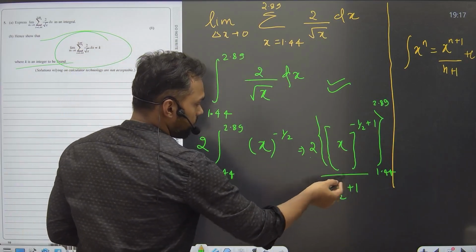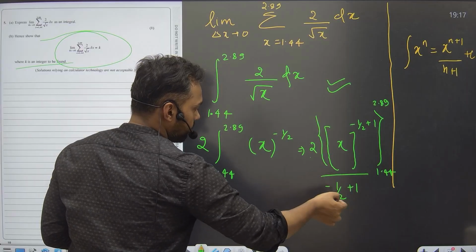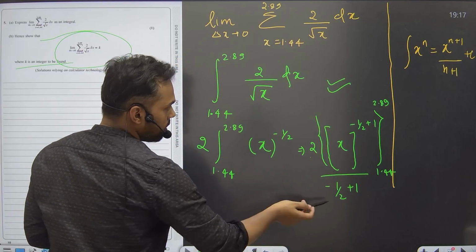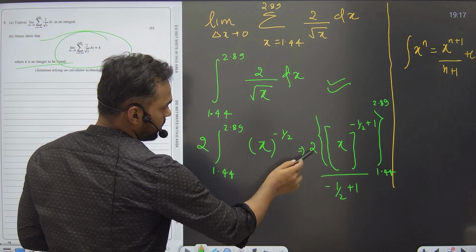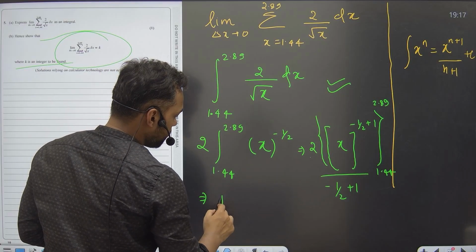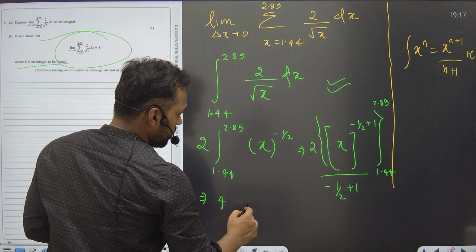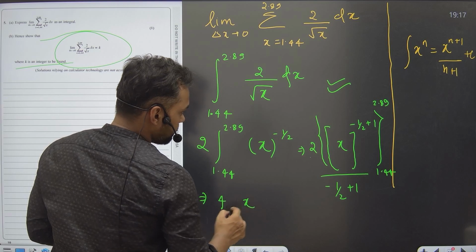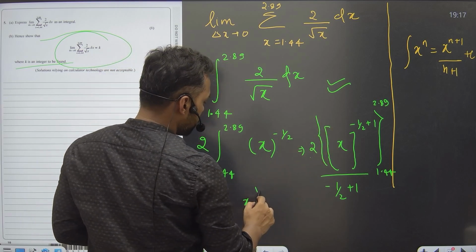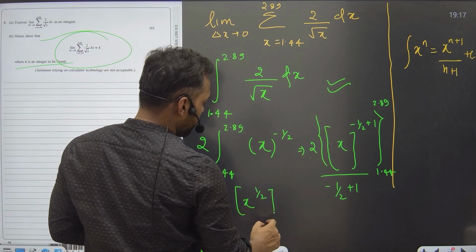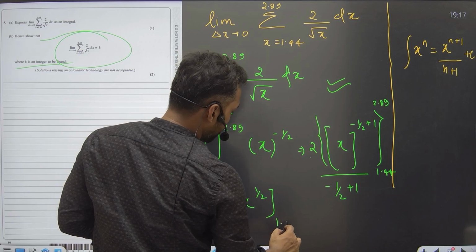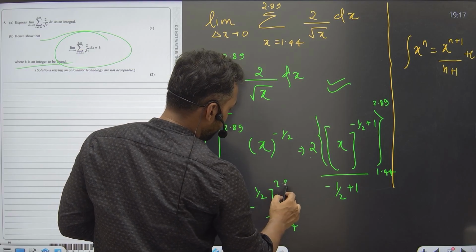From here, if you calculate this particular portion, you will get 1 by 2, so this 2 and this 2 will be multiplied, so it will be 4 x to the power 1/2, from 1.44 to 2.89.